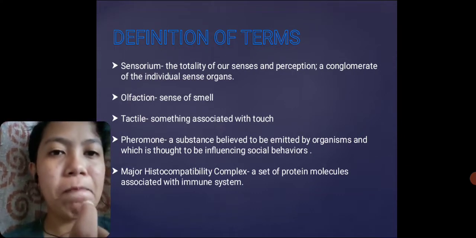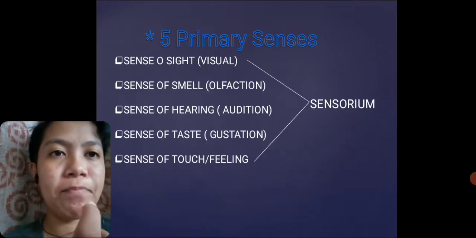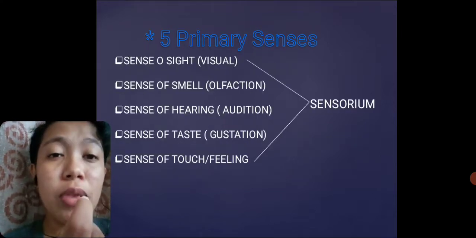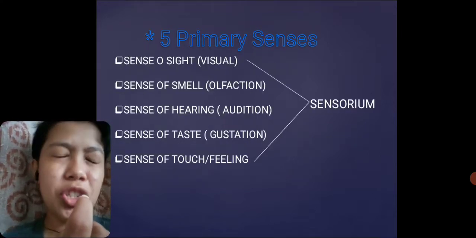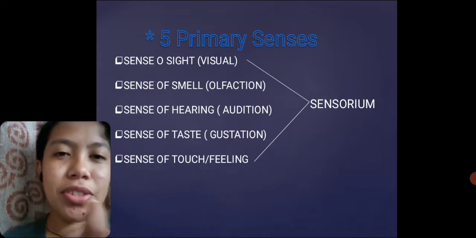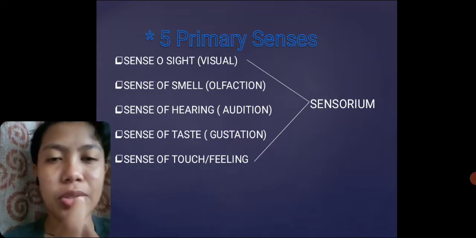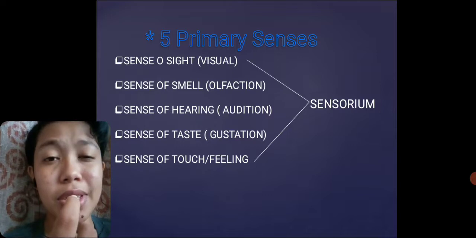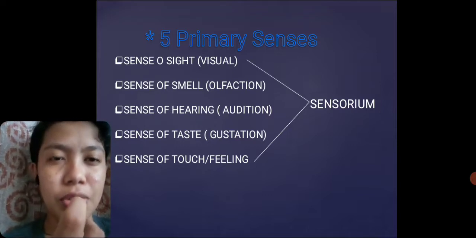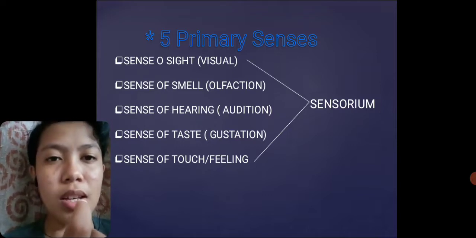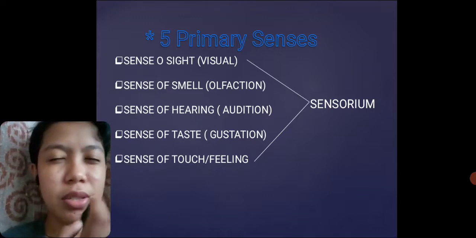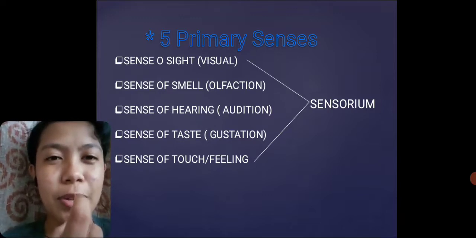Okay, let's start. Since we were in kindergarten, or even if we're not in school, we already have the senses, so this is just a refresher. We actually have five. If you have six senses, good for you.